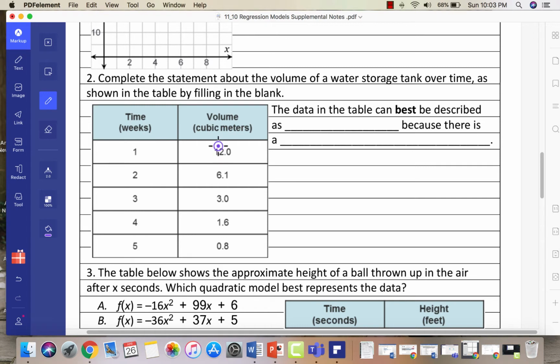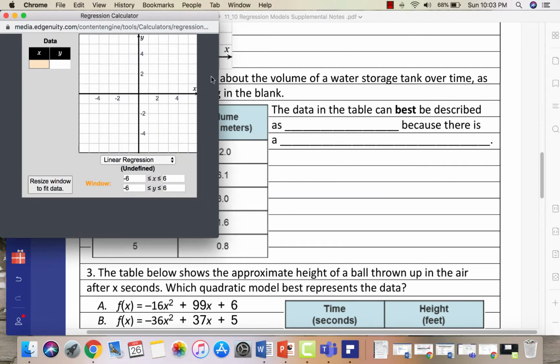So how am I increasing or decreasing here? Am I increasing or decreasing by a constant rate of change? That's linear. Or am I multiplying by a constant number to get to the next number? That would be exponential. Or are there two values that pair with the same x value to create a U shape? But we can put them into our regression calculator.